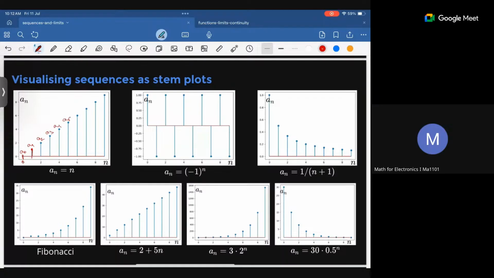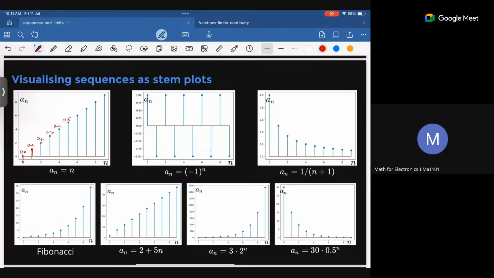Okay, so on the y-axis we will plot an, on the x-axis we will plot n. So this sequence is nothing but an equals n, at 0, 1, 2, 3, 4. So the stem height will increase as I progress in my sequence, right?